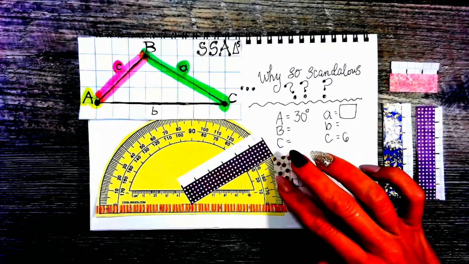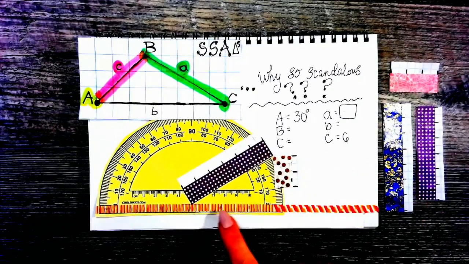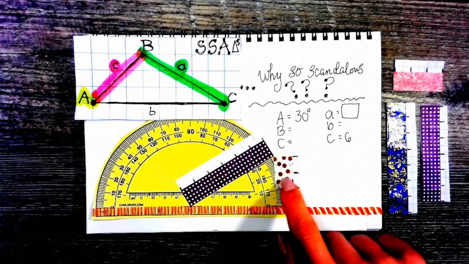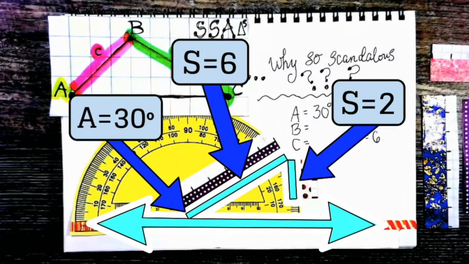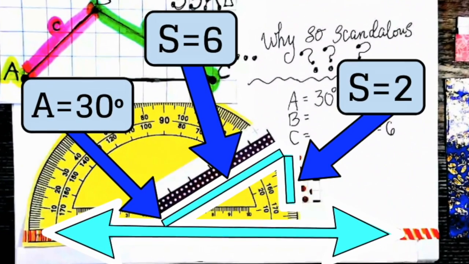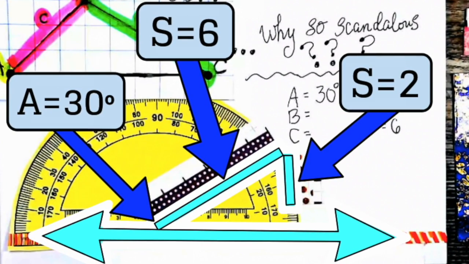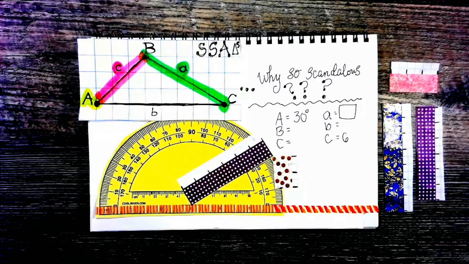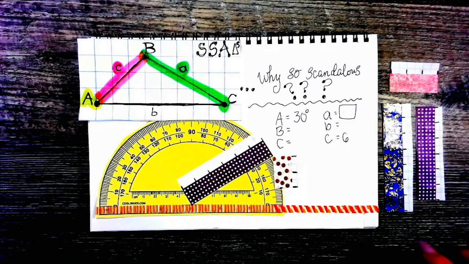I need to attach this down to side B, which is necessary to create that 30-degree angle. What seems to be the issue? The issue is it doesn't reach. This means that there's no triangle. How do you know that there's no triangle while you're trying to solve? Well, this is something we'll explore in example 3.